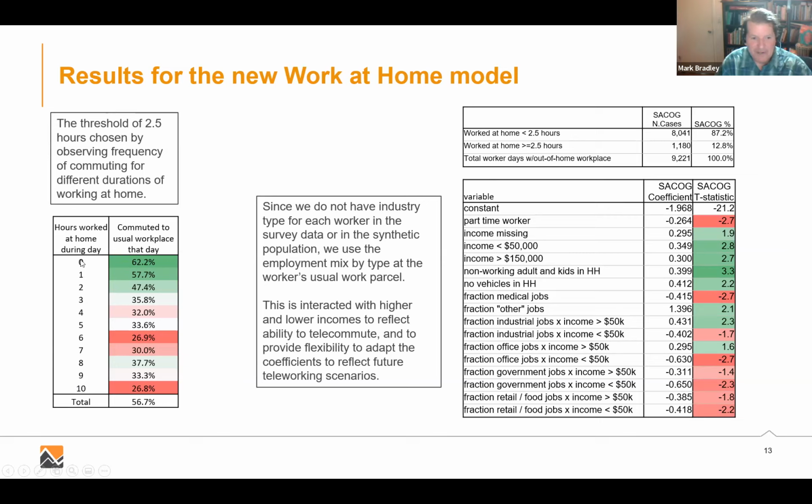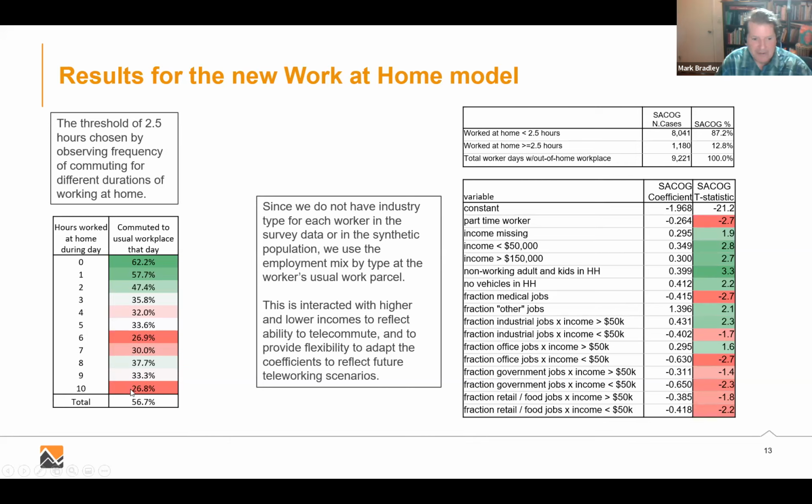You can see up to 2 hours, most people still commute to work, even though they do some work at home. But with 3 hours or more worked at home, only about 1/3 of people are commuting to work.